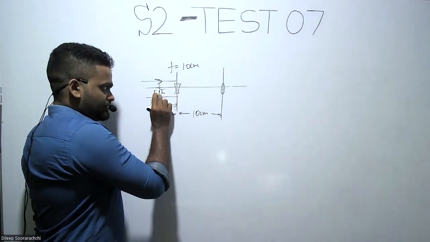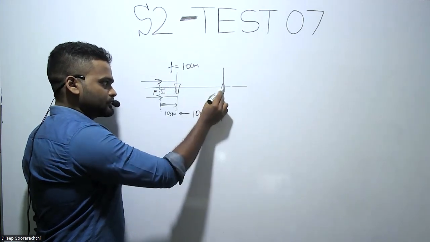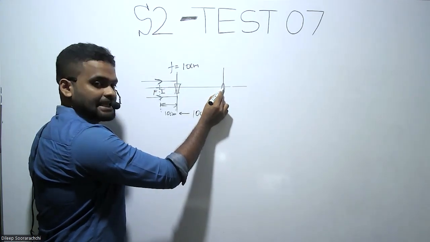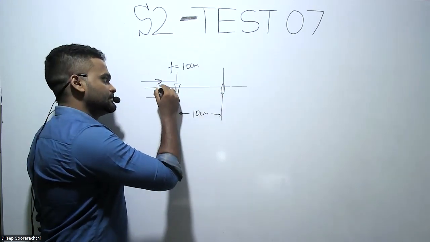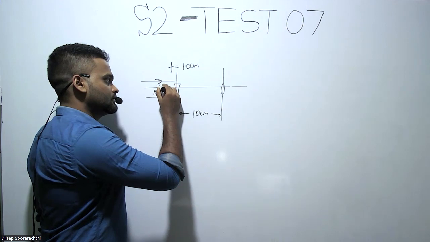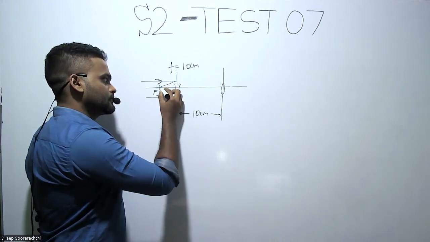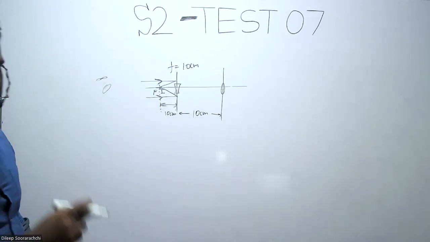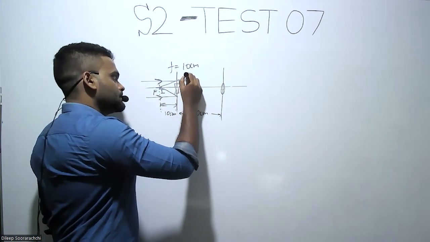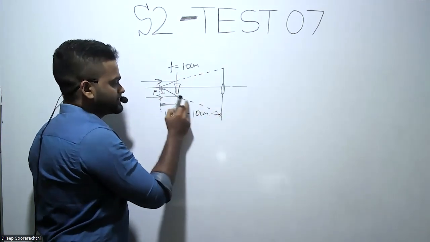This image made by the concave lens becomes the object to the convex lens here. So we can draw rays coming from this object.